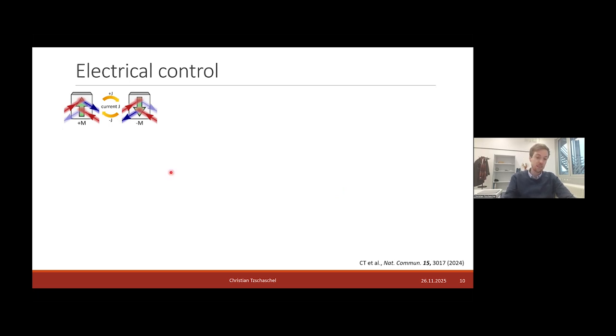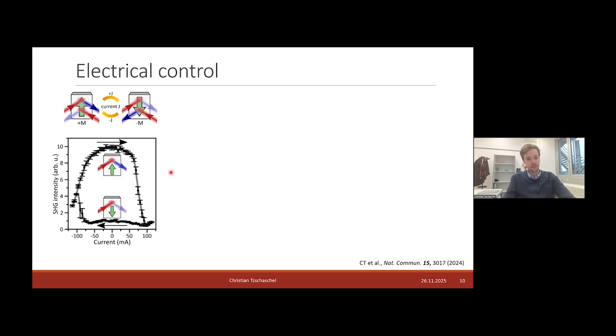And it turns out that that actually works. In this case, we pass a current in X direction, and it switches the magnetization very clearly along the Y direction of our crystal. There's a very clear hysteresis in this picture.